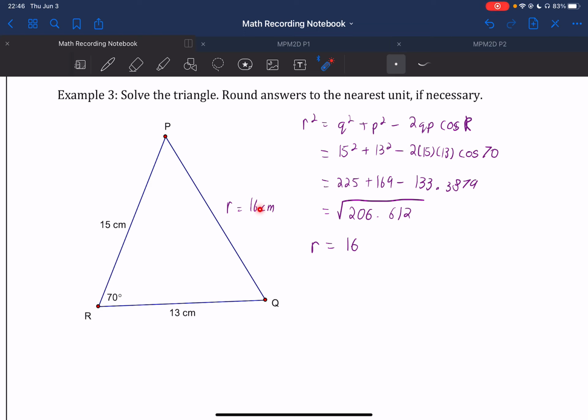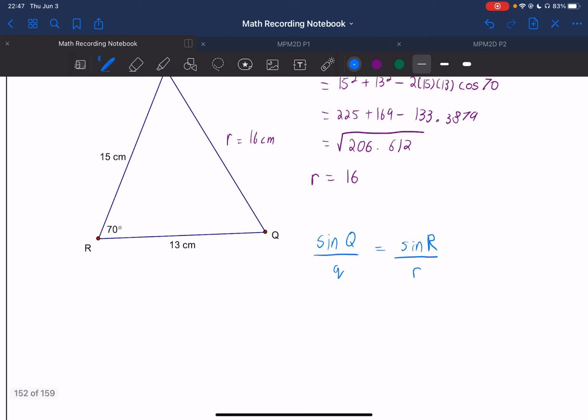At this point, you'll notice that we have a full angle and length. So that means what we can do now is find one of these other angles using the sine law. I'm going to go and find q because I just feel like finding q. So sine q over side q equals sine r over side r.